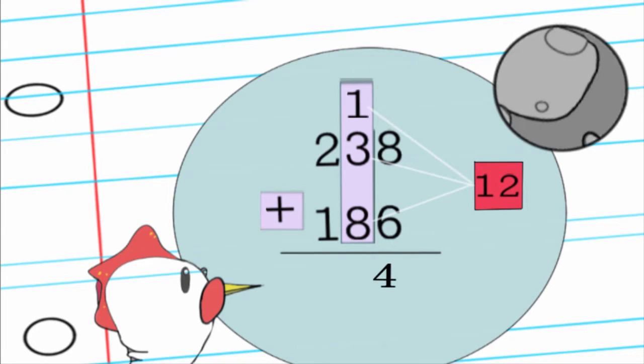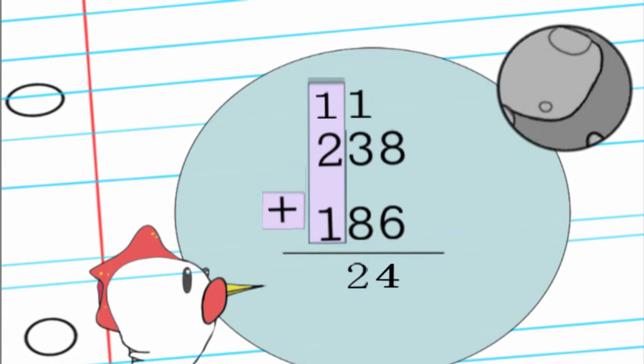Now the 2 from this 12 will go into the tens place. With the 1, as we're going to write in a second, goes here in the hundreds place. And then 1 plus 2 plus 1, like we did before, is 4. And that 4 then goes into the hundreds place, giving us a grand total of 424 people at the concert's total.